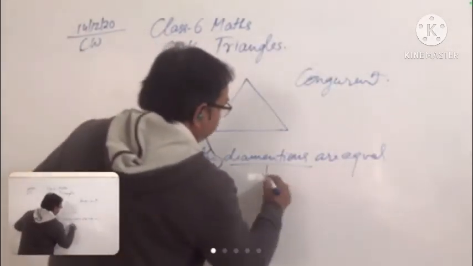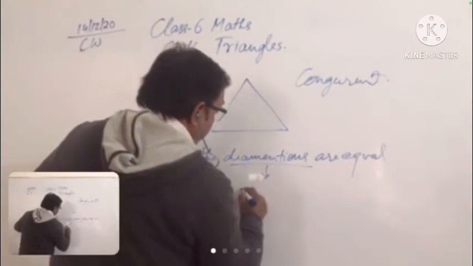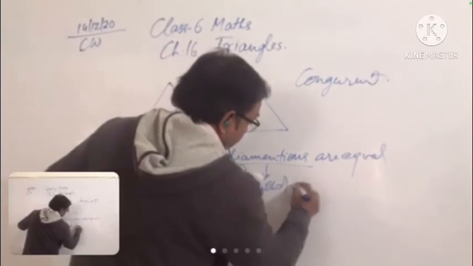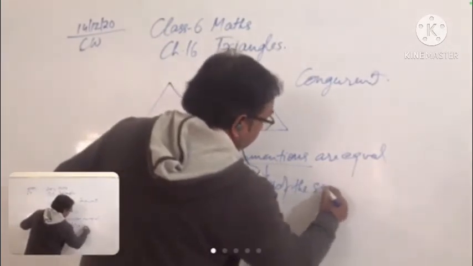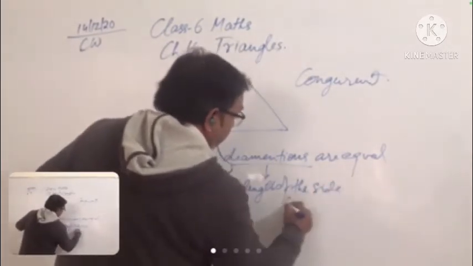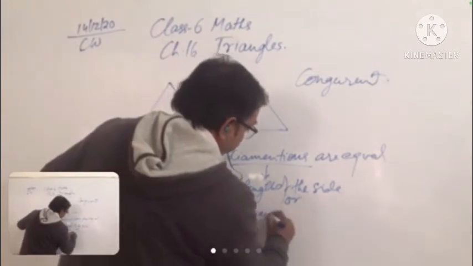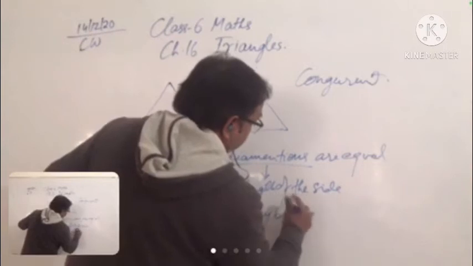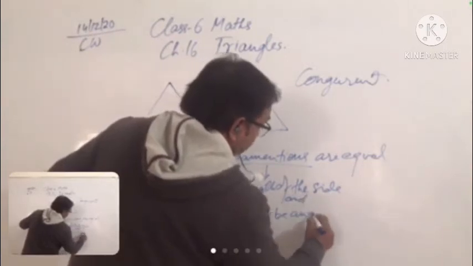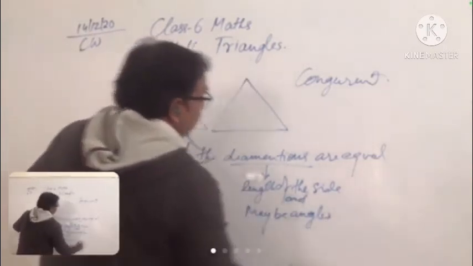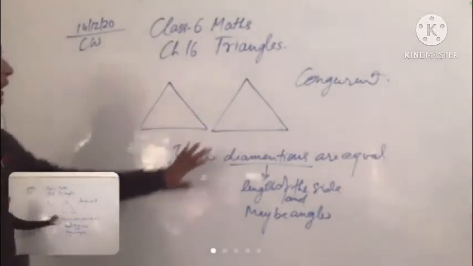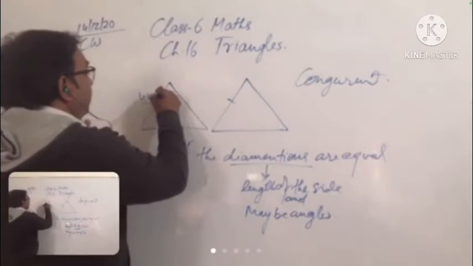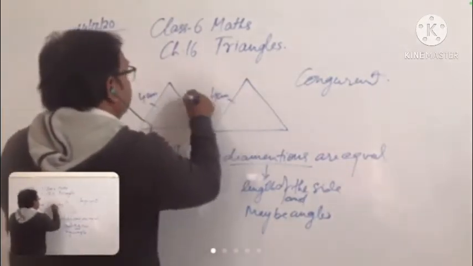The condition for two triangles to be congruent is that all their sides are equal to the respective sides of the other triangle and angles are also equal. If the figures are congruent, then all the corresponding sides are equal.